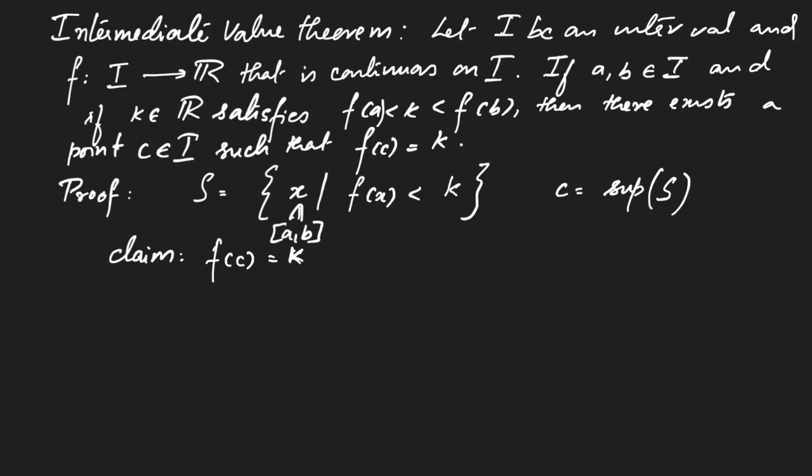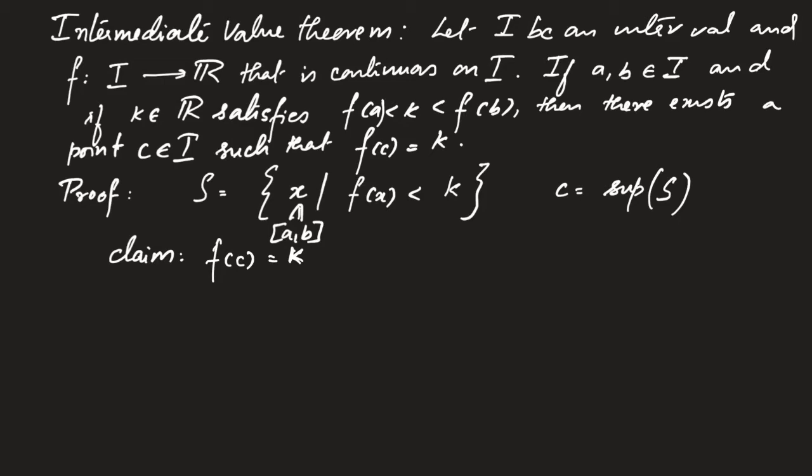So you have numbers that are arbitrarily close to c and less than c such that f of those numbers are all less than k, and every number that is greater than c has the property that f of that number is greater than k. So in some sense it's sandwiched between numbers at which it takes a value less than k and greater than k. So at c it should take the value f of c equal to k. At least that's the kind of intuition that we have.